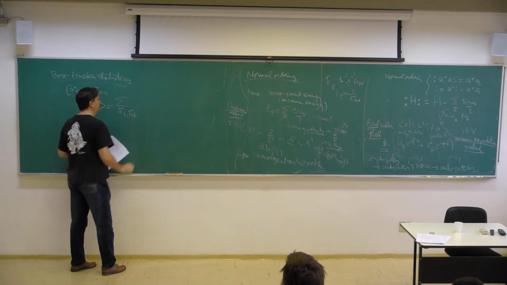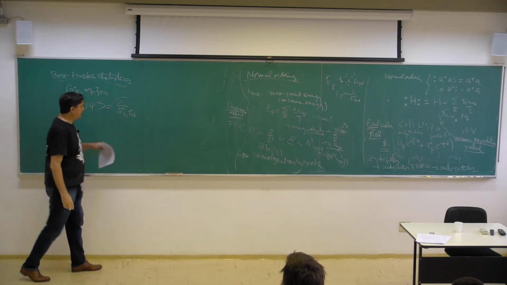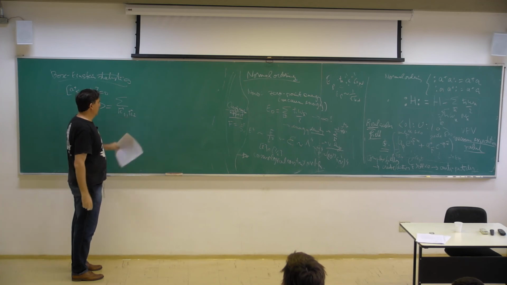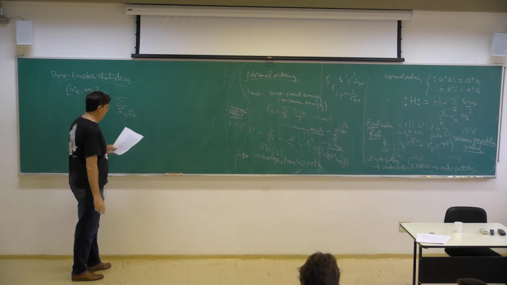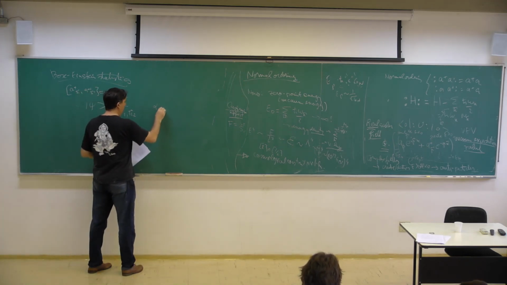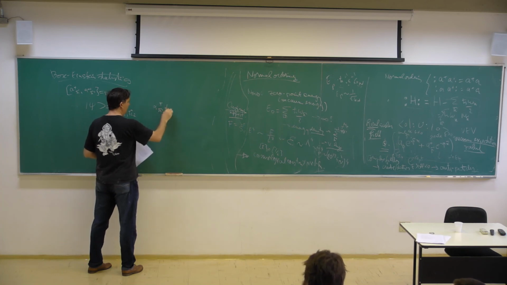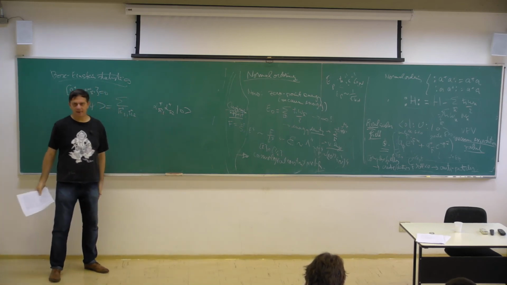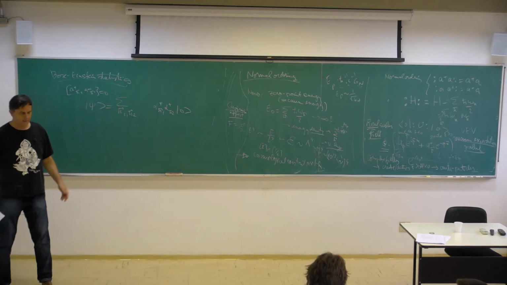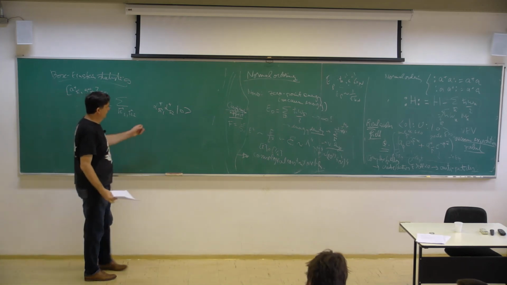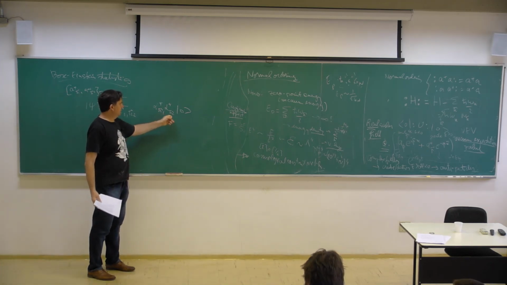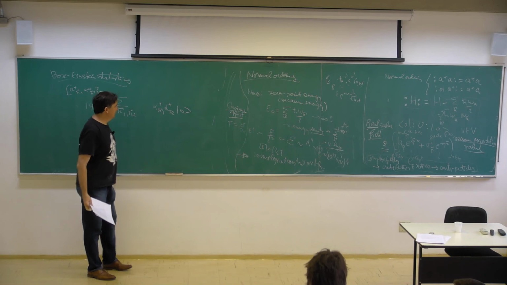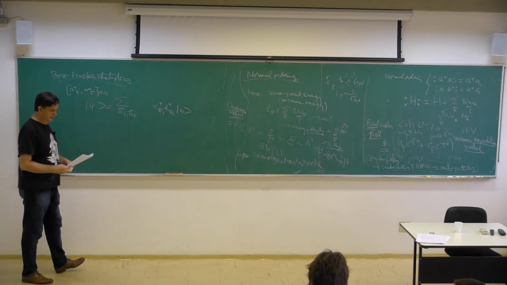Then this would be a sum over k1, k2 of alpha k1 dagger, alpha k2 dagger, acting on 0. So that's my basis state of the Fock representation of two particles, two creation operators acting on a vacuum.